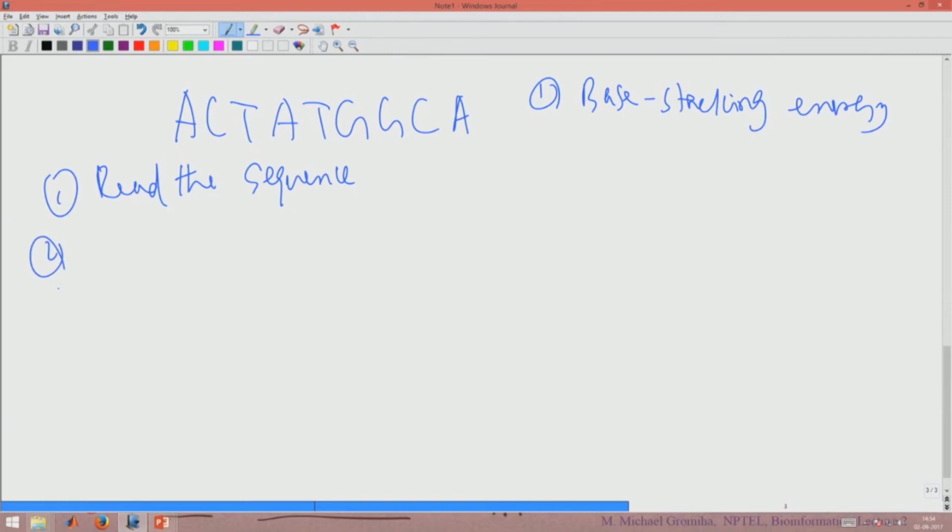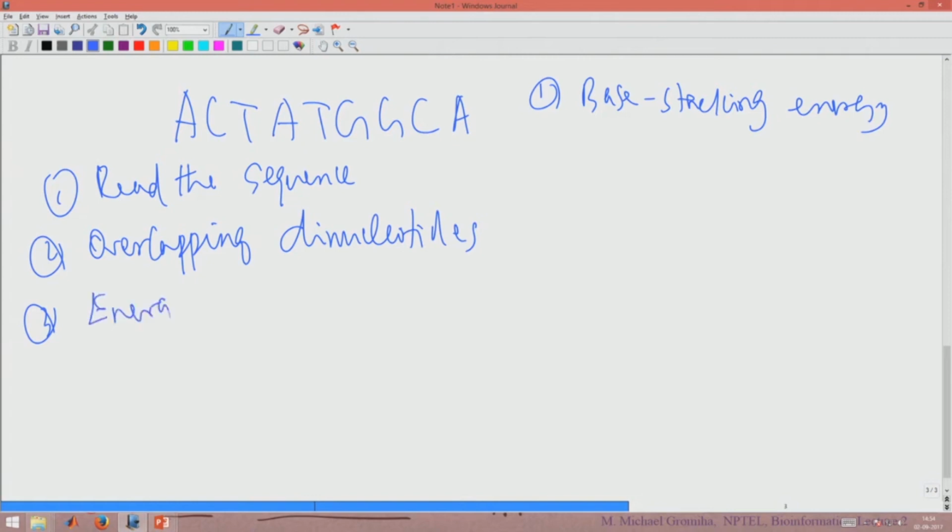So, now the overlapping dinucleotides. So, we have the overlapping dinucleotides, and then we need the table. We need the base stacking energy values, energy values for all dinucleotides. And then what to do?